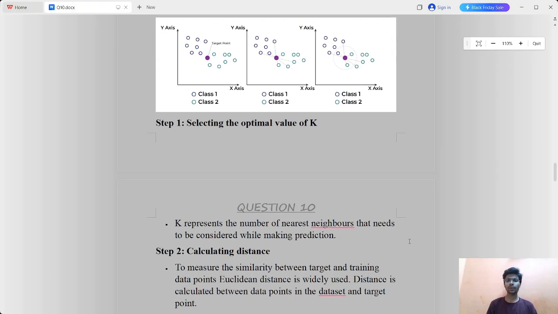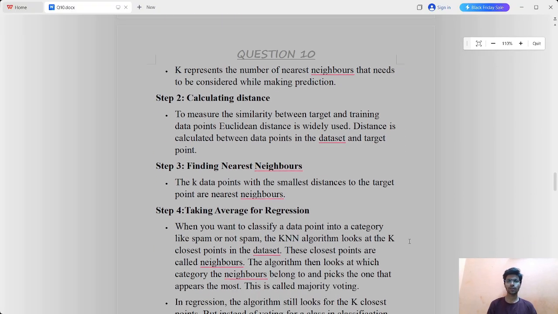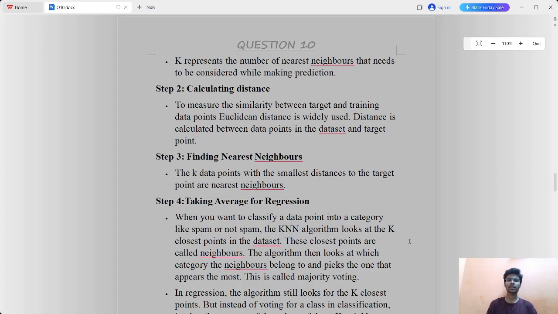The first step is selecting the optimal value of k. The k represents the number of nearest neighbors that need to be considered while making a prediction. And second is calculating the distance to measure the similarity between the target and training data points.